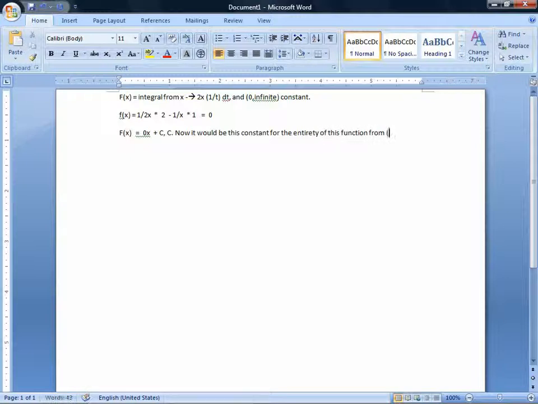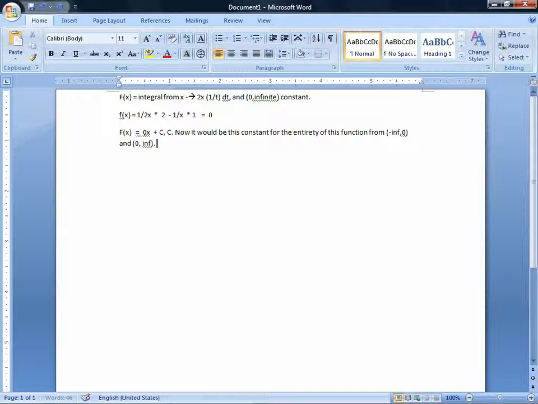from negative infinity to 0, not including 0, of course, because if you look at the original function 1 over t, that is a function with a vertical asymptote at x equals 0, and 0 to infinity. And of course, it just so happens that 0 to infinity is one of the intervals in which it is equal to c.